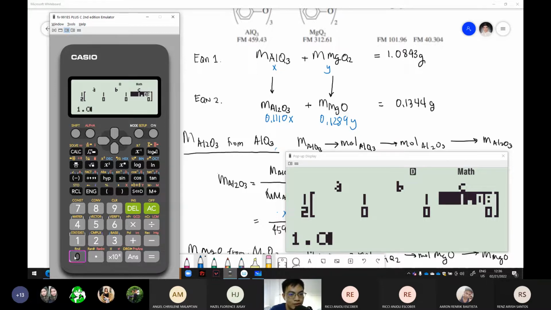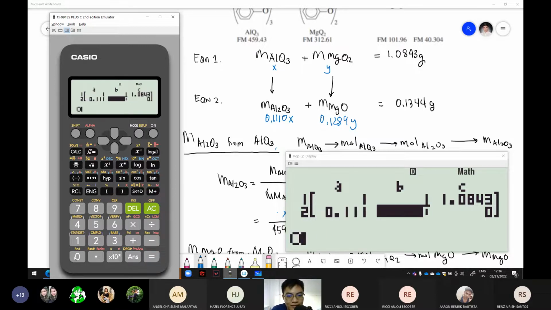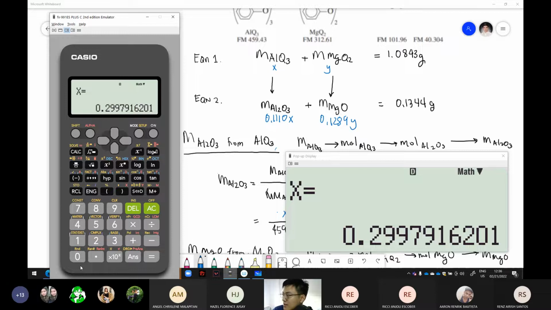Zero. 0.0843. Ayun na, pwede pala. 0.1110. Okay, so 1.0843. Let's press equal sign. First, X is 0.2998. Okay, and then the Y is 0.7845 grams. Amazing.